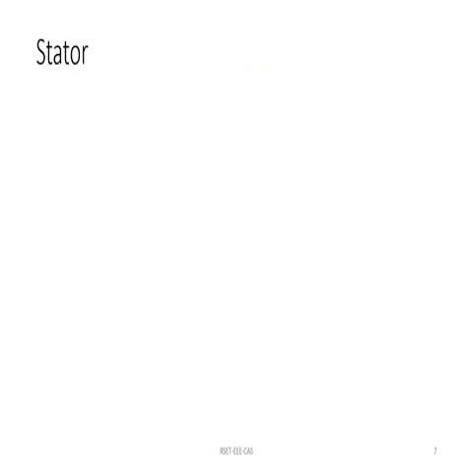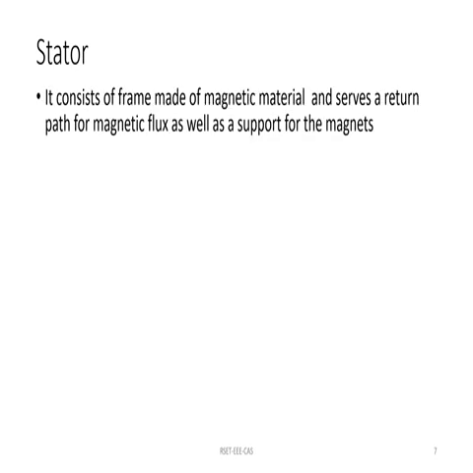Now moving on to the construction of stator, it consists of a stator frame, which is made up of magnetic material, and it serves as a return path for the stator magnetic flux produced, as well as it acts as the support for the permanent magnets.